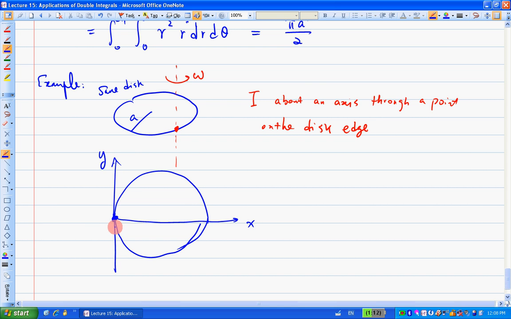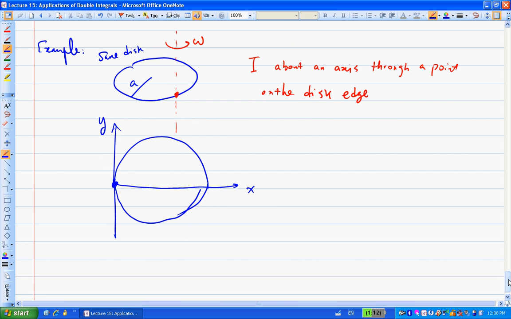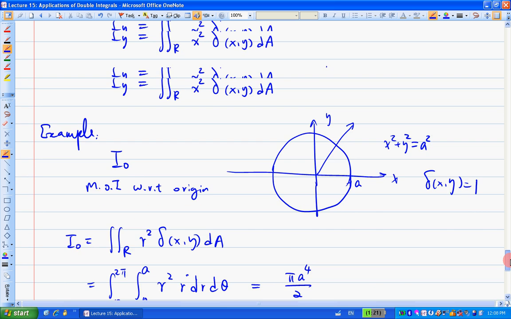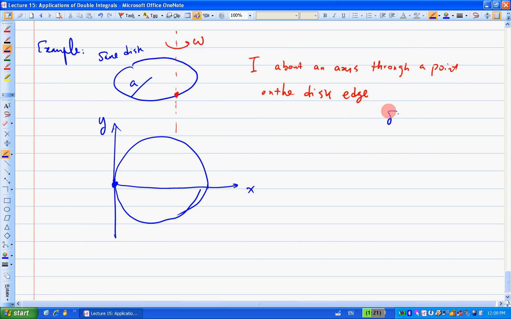That's what we do here. So then we're calculating the moment of inertia. First of all, what is the formula now? Assuming the delta is still equal to 1.